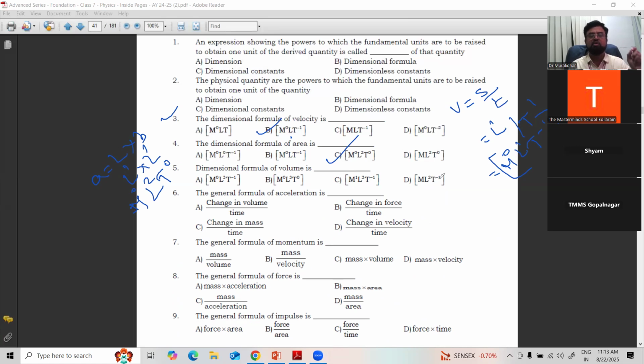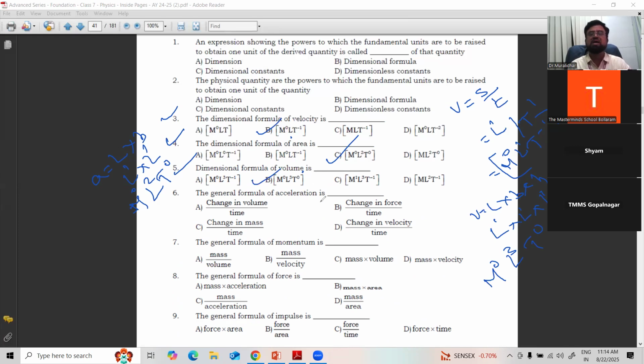I just didn't write the formula and then the dimensions; easily you can find out. Dimension formula of volume. You know volume is equal to length into breadth into height, that is L1 into L1 into L1, that is L cube. So M0 L cube T0. Check where it is. Here B is the answer.